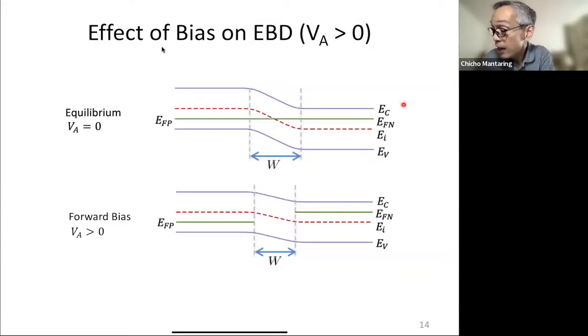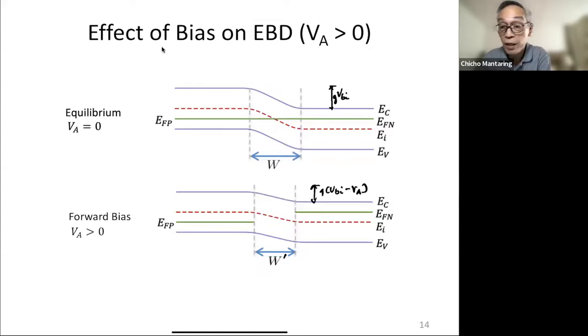These are our equilibrium conditions. If you apply a positive voltage, this is qVBI, and it is going to become qVBI minus VA.